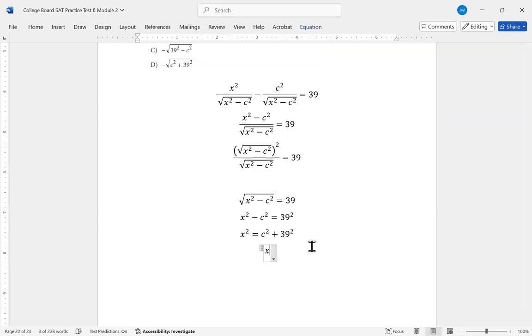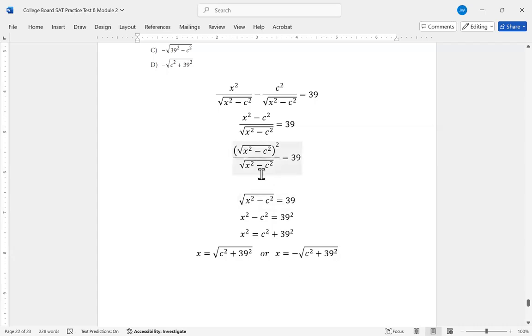So x could have been either the square root of c squared plus 39 squared, or x could have been the negative square root of c squared plus 39 squared. So I hope one of those options works.